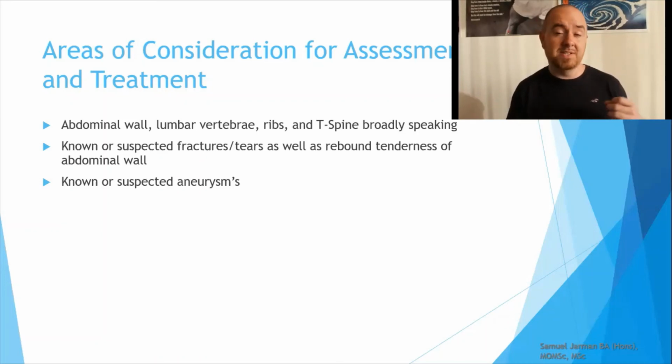If the patient does not know that that's the case, then that would be something to refer for further investigation, because if you put excess pressure through that weakened abdominal aortic wall, it's possible that you can contribute to further weakening of it, or possibly under the absolutely wrong circumstances, it's possible that it will dissect, and that would be a very, very terrible day. So those are our general considerations with lumbar flexion.